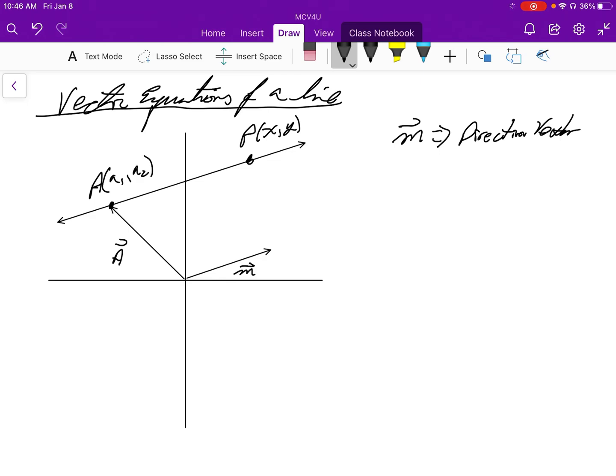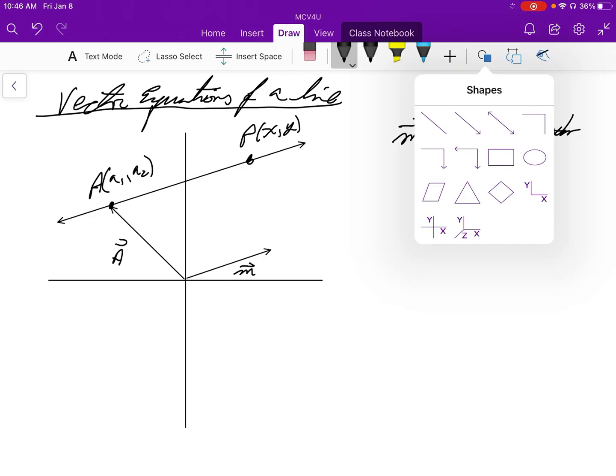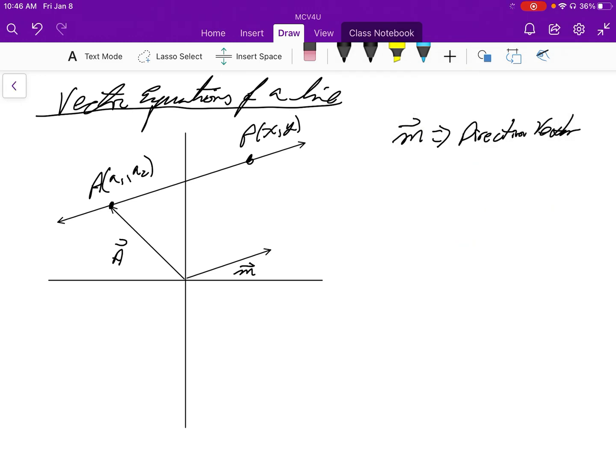P is going to be considered the head of our position vector OP. We'll just say OA, OP, we have that. So here's what we have.